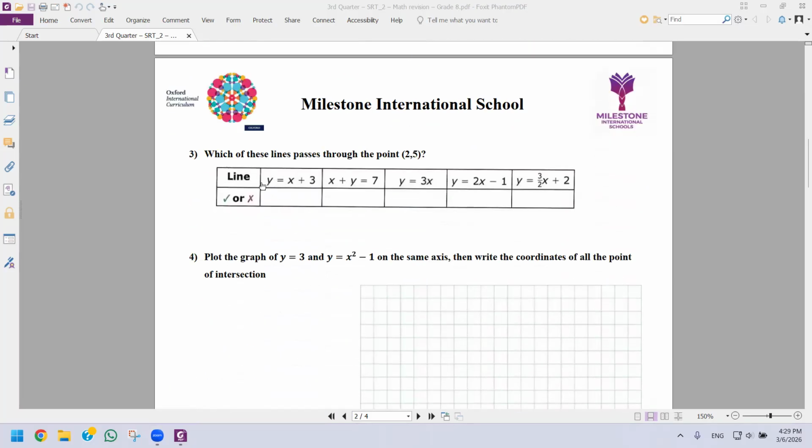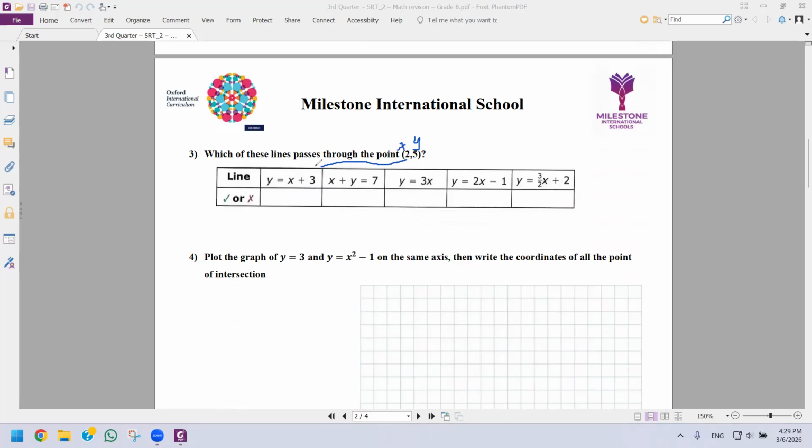Next. Which of these lines passes through the point 2 and 5? As you know, each point has coordinates. It has x and y value. And here, for each equation, we have x and y. So what do I have to do to check?